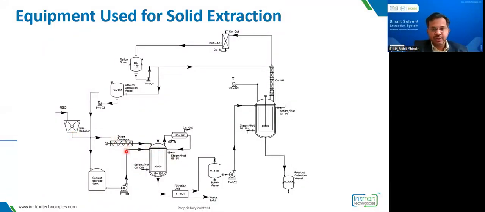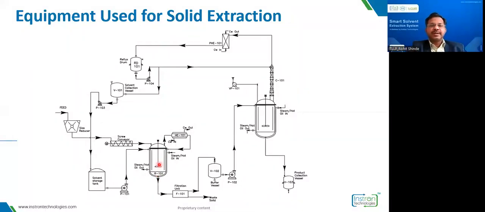Then solubility works more efficiently at a particular temperature, so the reactor temperature is maintained by provision of steam or hot oil. Due to the increase in temperature, sometimes the solvent vaporizes, and it is fed back to the reactor again by a cooling provision.